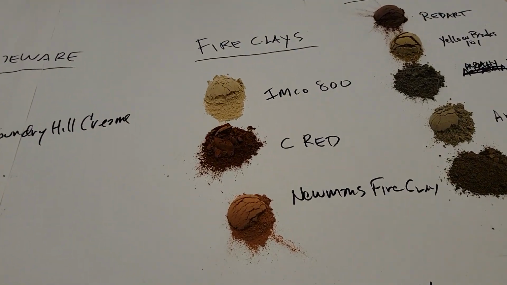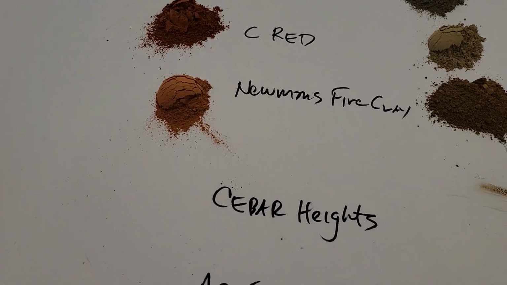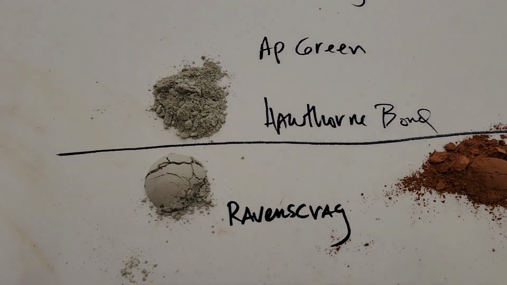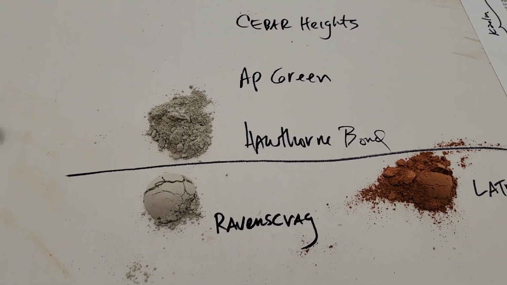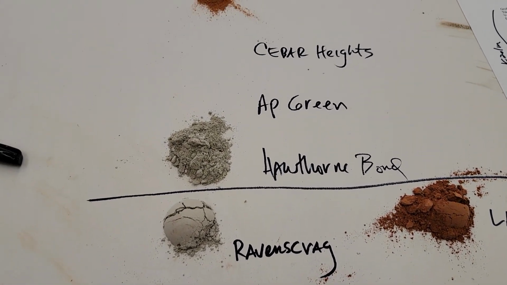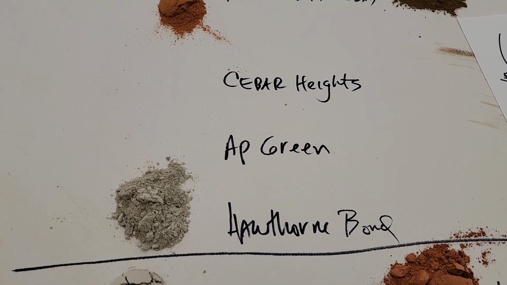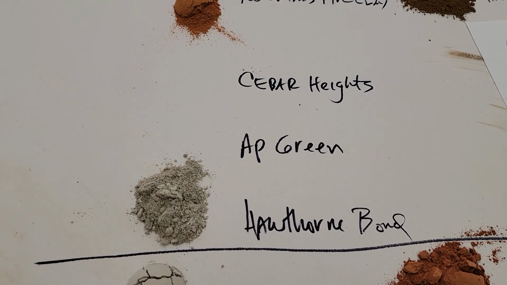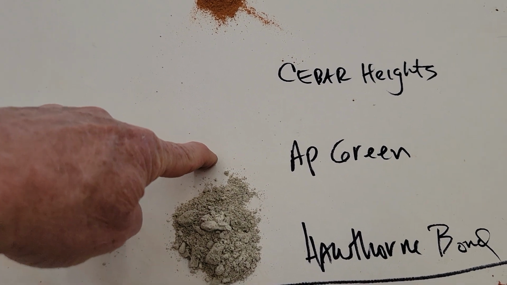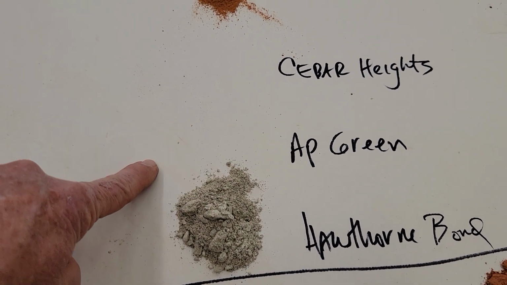Okay, so that's that. Let's see what we got for fire clay here. We've got the main fire clay that we probably have nowadays. The trouble is getting this fire clay from industry. AP Green went out of production because they didn't want to mess with potters.